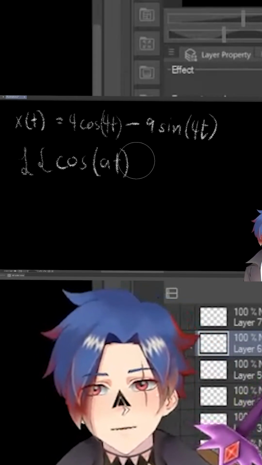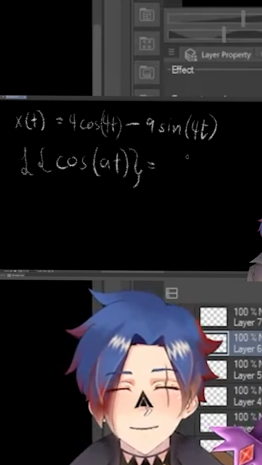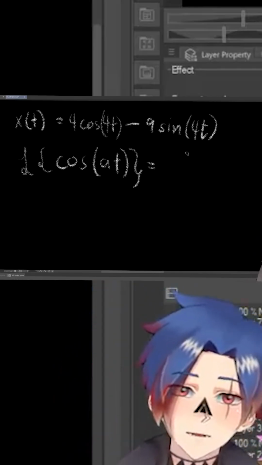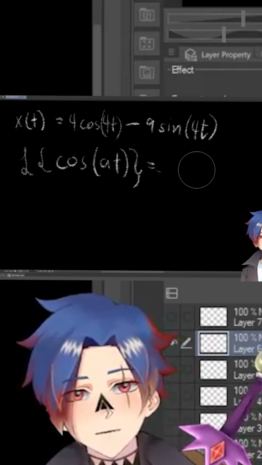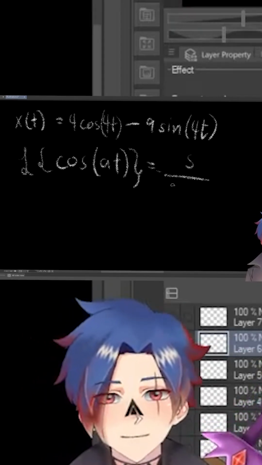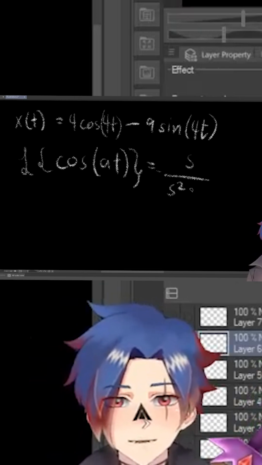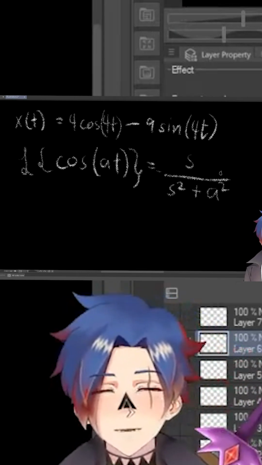So the Laplace transform for that is going to be, if I remember correctly, s over s squared plus a squared.